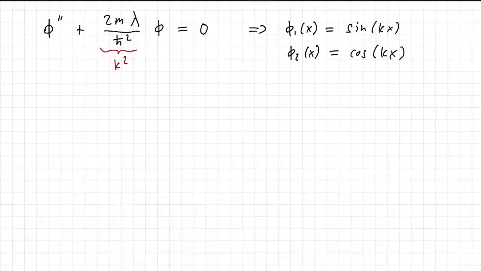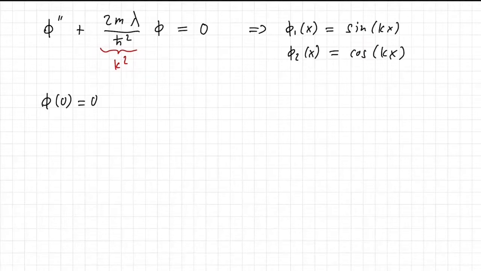Now, I have two boundary conditions, as I said. So we have phi of 0 equals 0. And that already tells me that the solution can only be the sine. So if I write the general solution as c1 times sine kx plus c2 times cosine kx, then from phi equals 0 at 0, we know that the coefficient in front of the cosine must be 0.